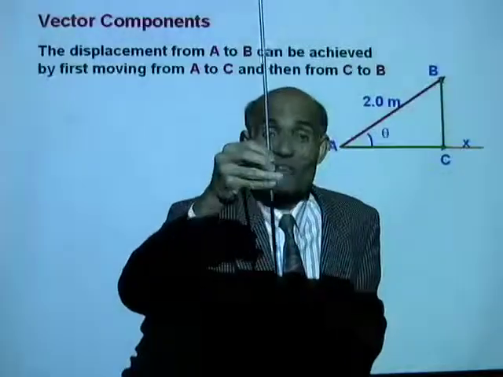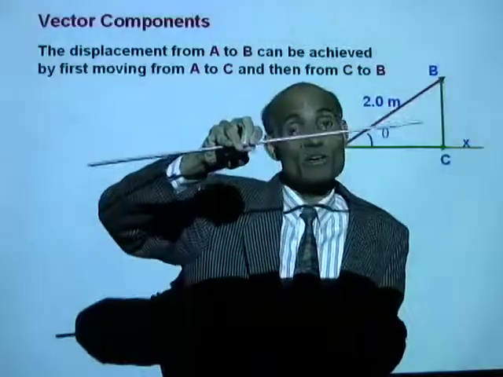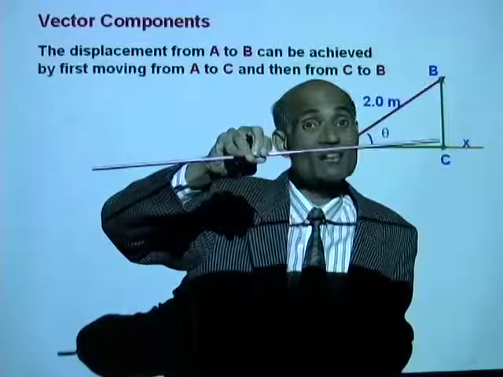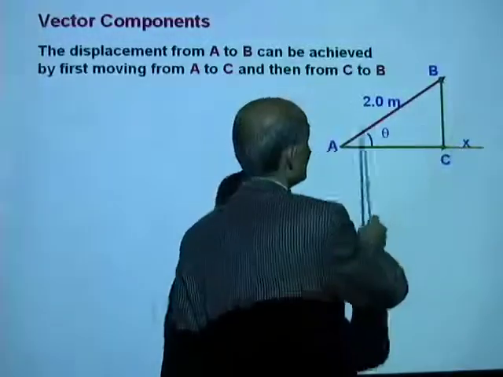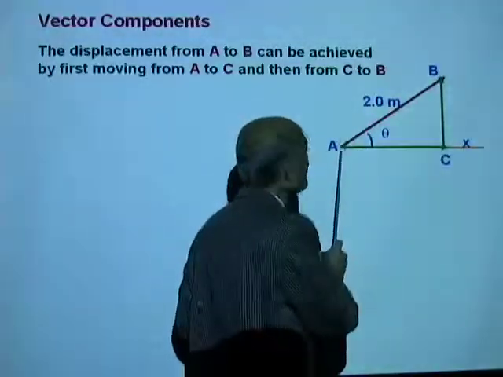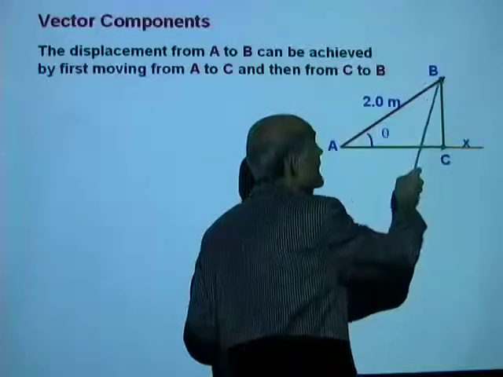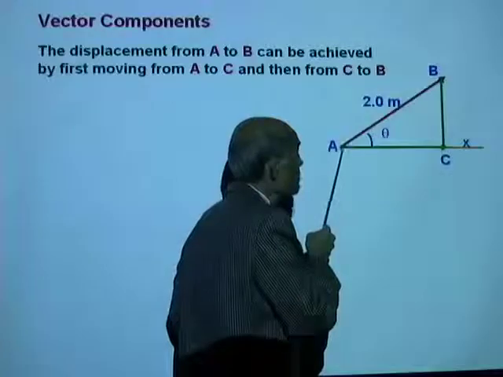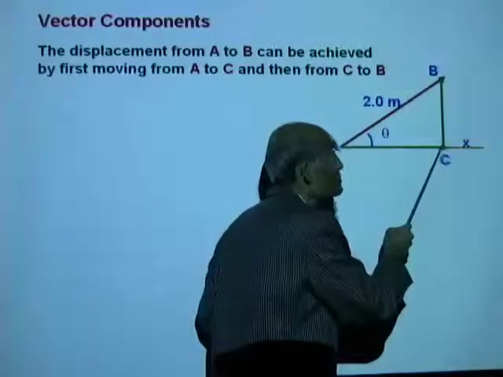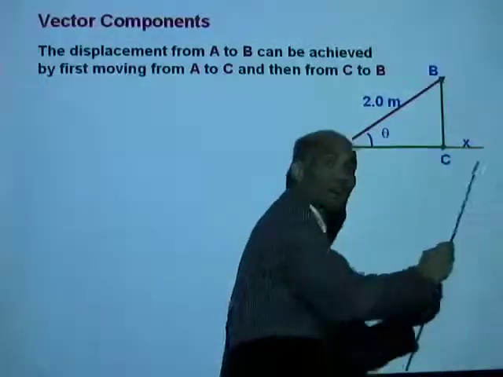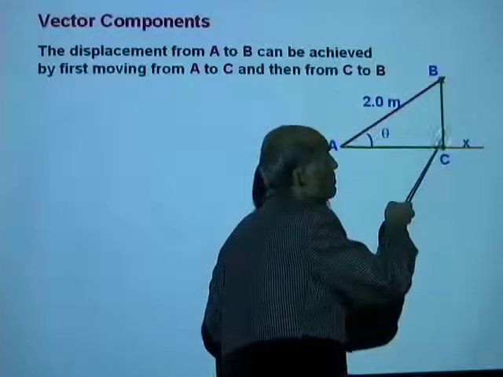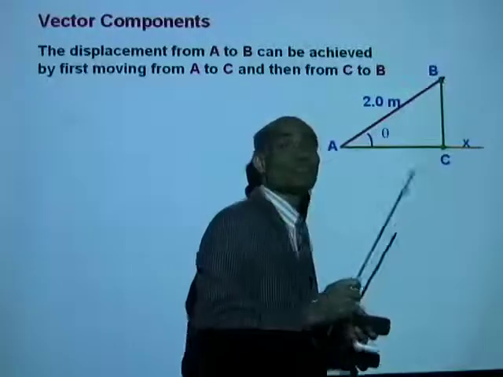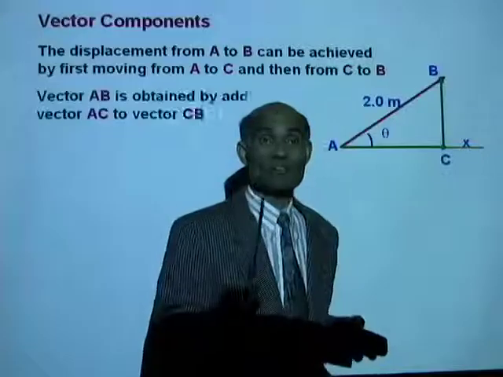A vertical axis is the y-axis, a horizontal axis is the x-axis. So a displacement from A to B can be achieved by first moving from A to C along the x-axis and then moving from C to B along the y-axis.